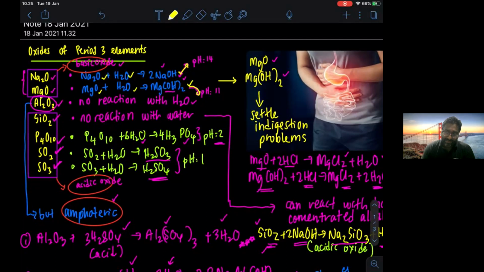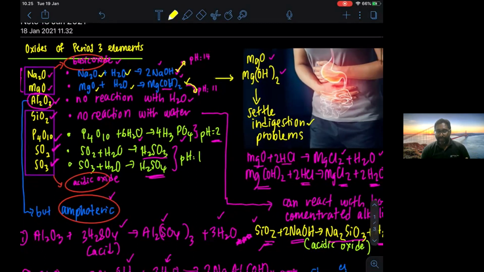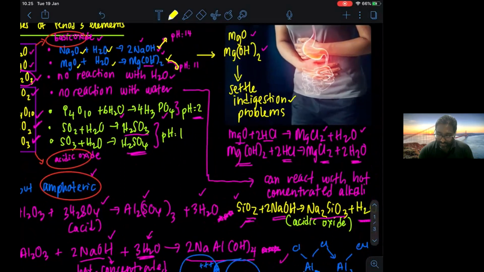For magnesium oxide and magnesium hydroxide, consider indigestion problems. In our stomach, we have indigestion because of excess hydrochloric acid, so we need a way to neutralize it. Magnesium oxide and magnesium hydroxide can be used to neutralize the excess acid.